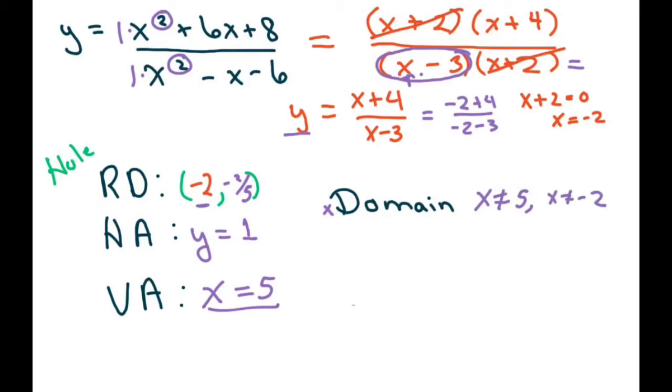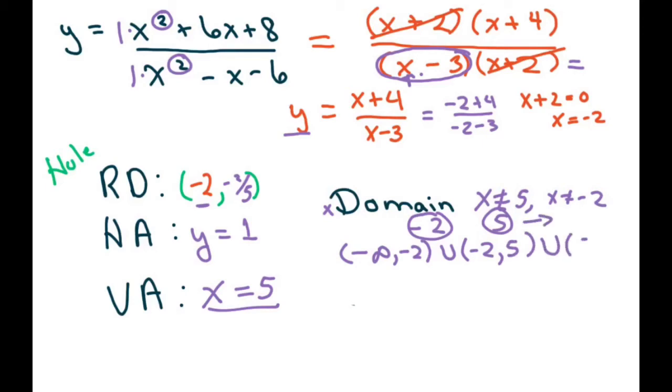I'm going to write it in this order. So you're going to go from negative infinity to negative 2, or negative 2 to 3, or then 3 to infinity.